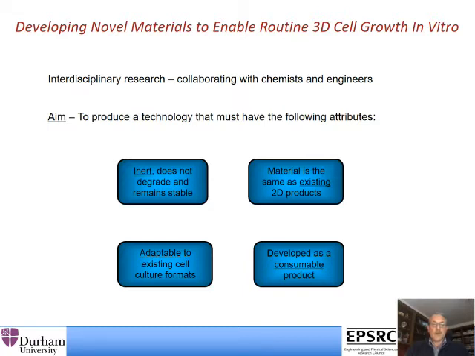The material was actually the same as an existing 2D cell culture product. Petri dishes and flasks are made of polystyrene. So the material we developed is also made of polystyrene, and we've changed its configuration, and I will show you in the next slide. The technology must adapt to existing cell culture formats and is also a consumable product.